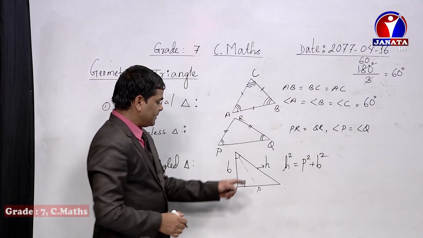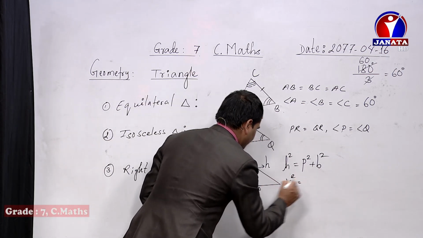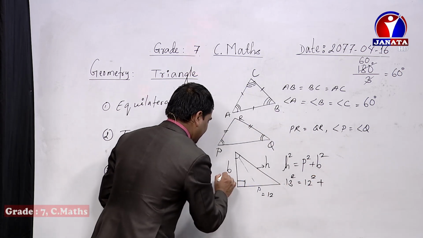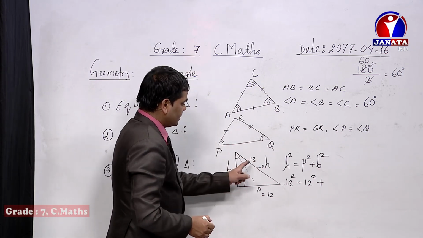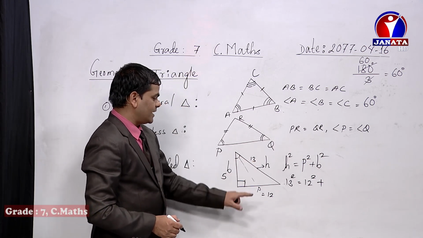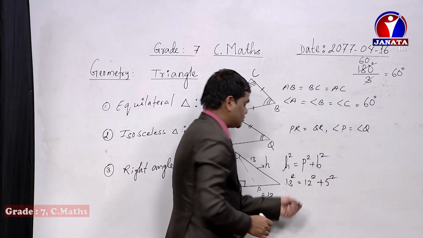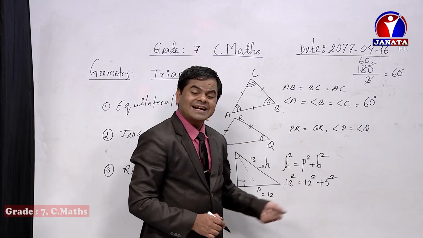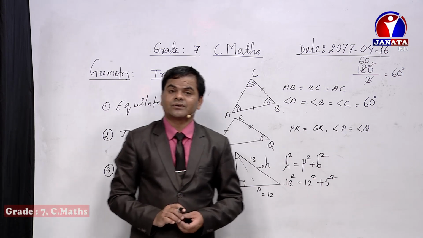For example, if the hypotenuse is 13 centimeter, and this one is 12 centimeter and the other is 5 centimeter, then 13 square equals 12 square plus 5 square. That means the sum of the squares of the perpendicular and base equals the square of the hypotenuse. That theorem is known as Pythagoras theorem.